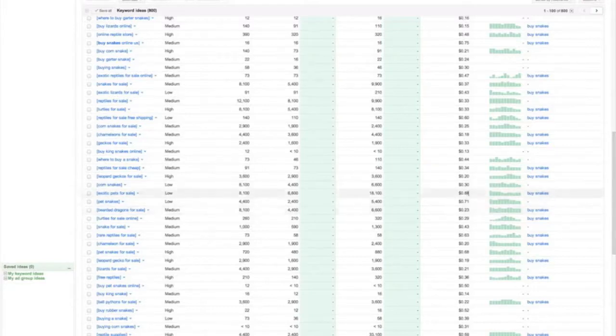That means that someone who has a website and sells snakes and wants to buy traffic will pay 88 cents per visitor who comes to their site through that.